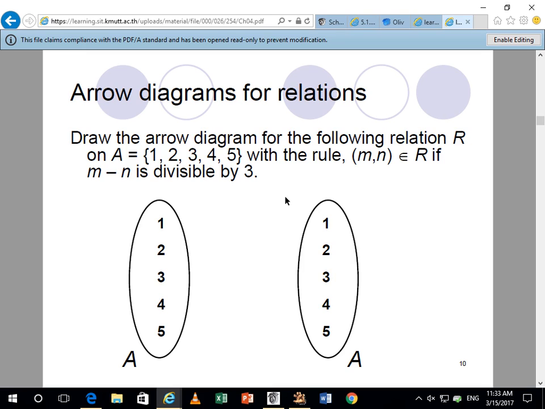We have 1 minus 1, 0, which is also divisible by 3. So we have 2 possible mappings. But we cannot map this to 1 and map this to 4 at the same time. One input gives you one output.